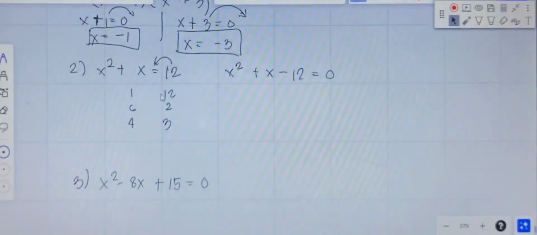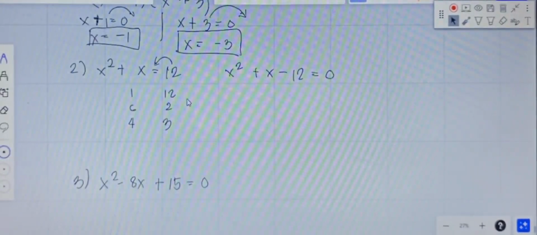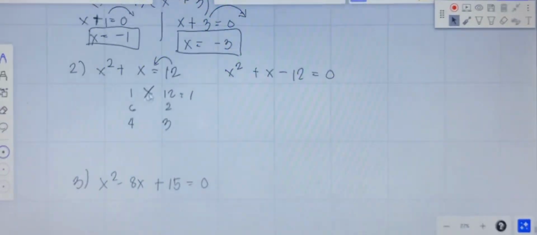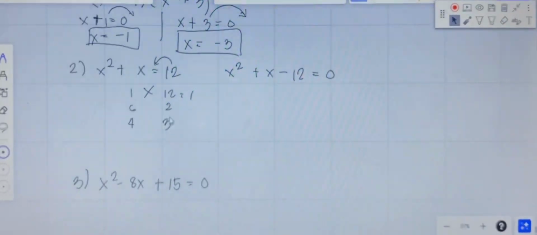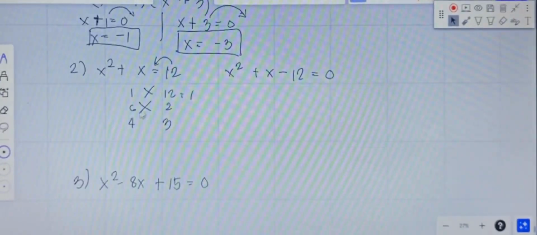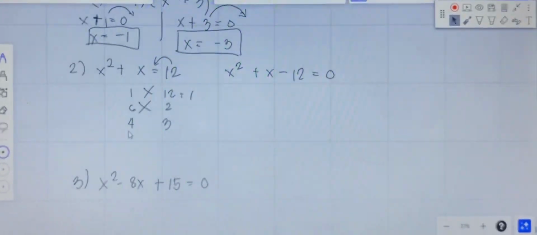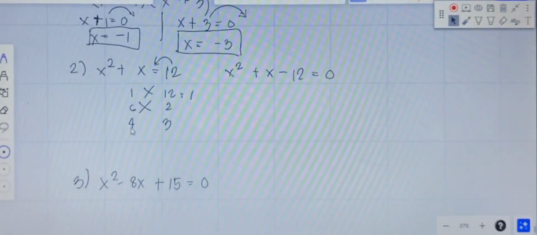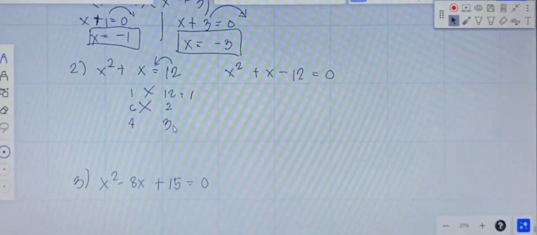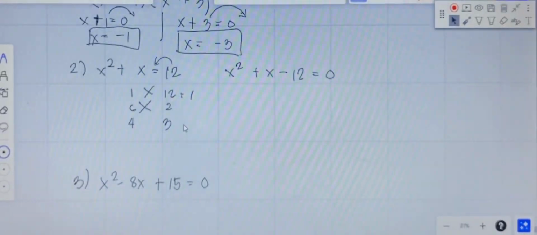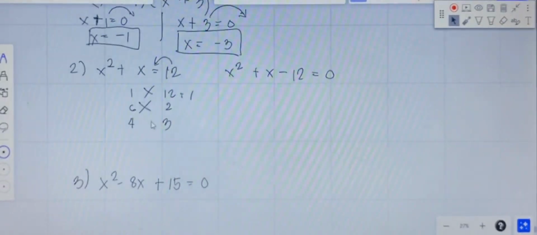So in this case, if we add them, 13. If we subtract, it's 11. So, not this one, okay? We add them, 8. We subtract, 4. Of course, not this one also. In this case, 4 plus 3 is 7. But if we subtract them, we can get 1, depending on the sign.